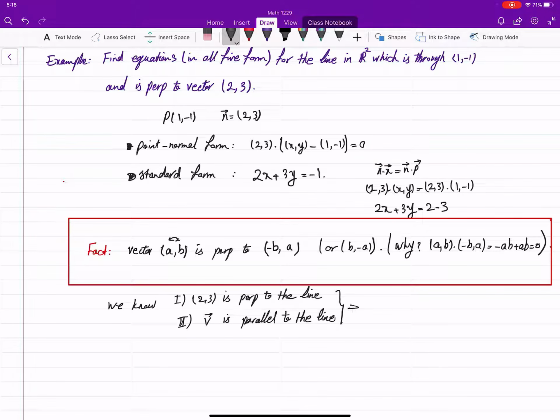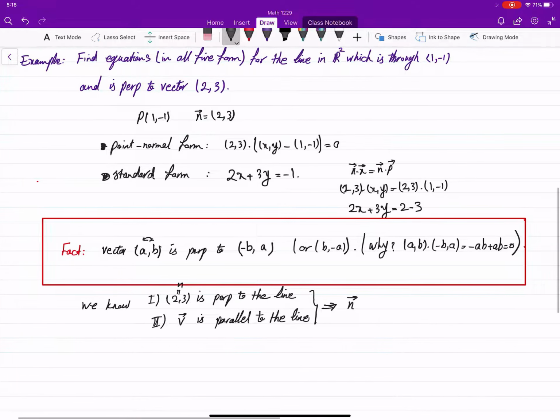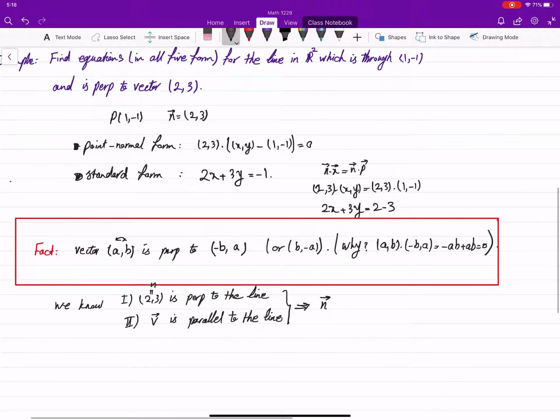So we have two vectors: one is perpendicular to the line, the other one is parallel to that line. That means that, let me call this one n, n as a result is going to be perpendicular to v.